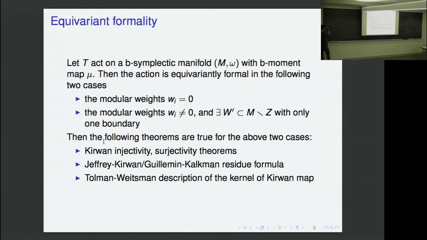torus case, and if we consider the b-symplectic form to be d theta 1 over sine theta 1, wedge d theta 2, where theta 2 is this direction, and theta 1 is that direction.